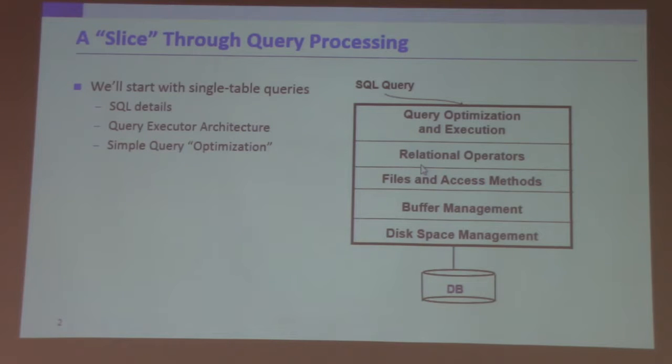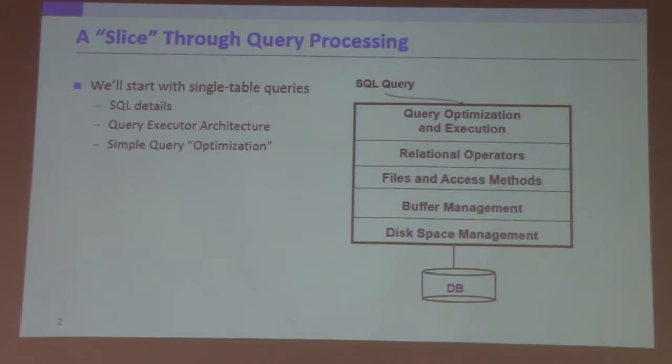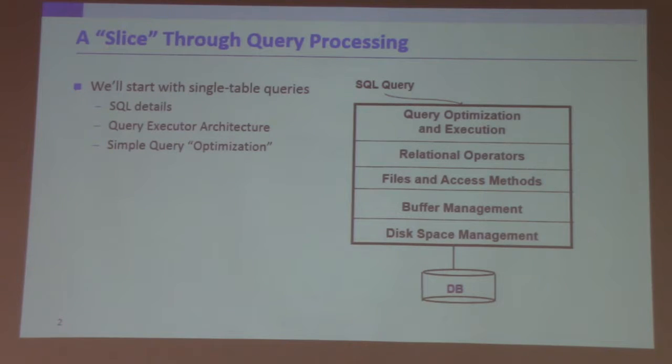And the big picture is when you have an SQL query coming in, it goes through the parser layer. It will be passed into what we call a query plan. And then you will use the query optimizer to figure out an efficient plan, but equivalent to the input query. And then that optimized query plan will be passed to the query executor for execution.